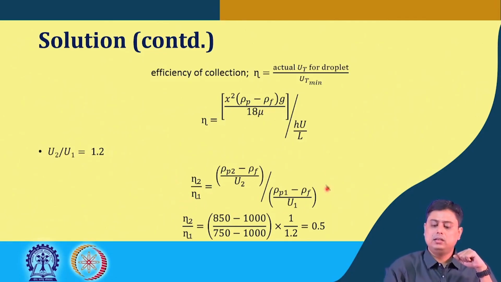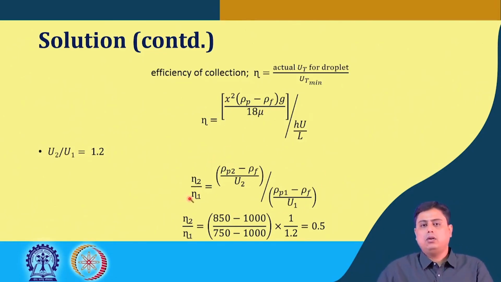This is the simplified form for comparing the efficiency when we change the flow rate as well as the density. Here are the changed relative density, and this is the relative density in the original state.